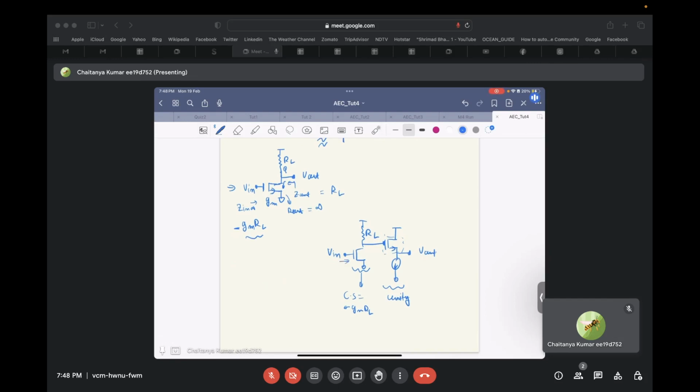The input impedance from here is infinite, and since there is no loading from the common drain amplifier, there won't be any additional loading. So at least as far as DC is concerned, the gain will remain unchanged, that is minus GM RL. And at the output, since we are assuming an ideal transistor, its output impedance will be 1 by GM, which will be approaching 0.